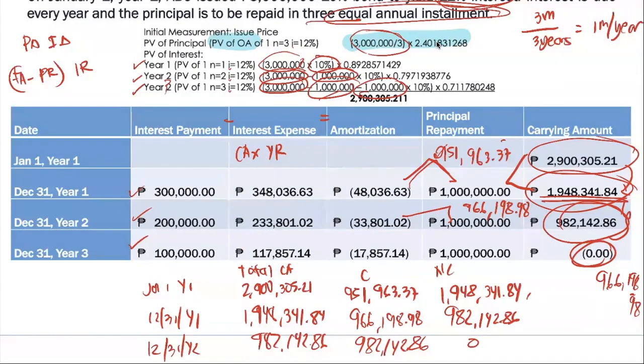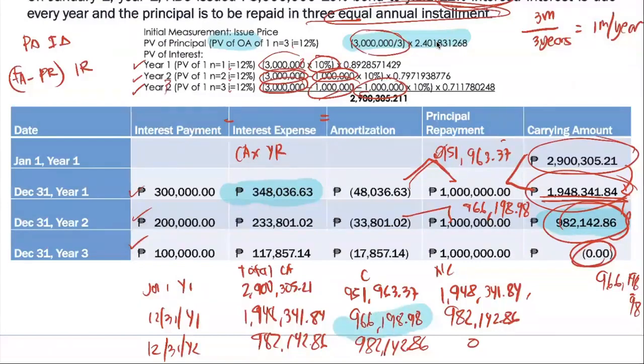Serial bonds, current and non-current portion, and how do we compute? Once you know how to prepare this amortization table, it will be easy for you because you will just be asked what is the interest expense, what is the carrying amount. So you will just pick. If the question is, what is the interest expense on December 31 year one? Get December 31 year one. What is the carrying amount December 31 year two? This one. What is the current portion December 31 year one?